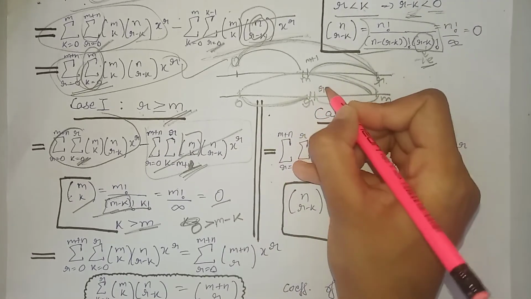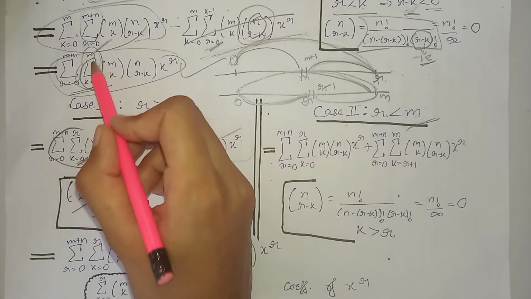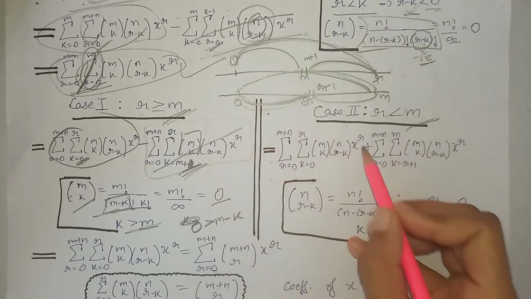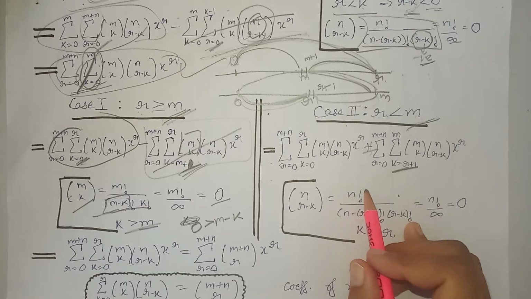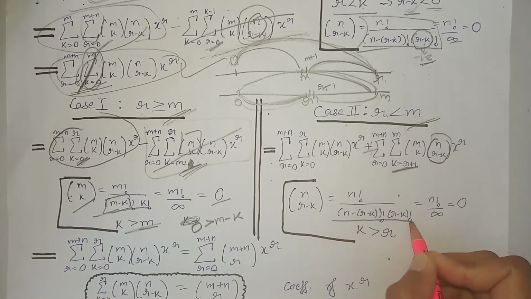This point must be r plus 1. That means in place of this interval, the first interval is from 0 to r plus r plus 1 to m. Now we can again expand this combination like this.